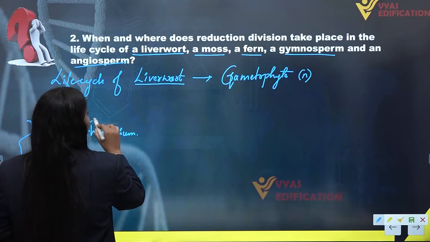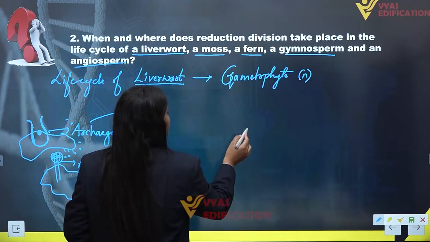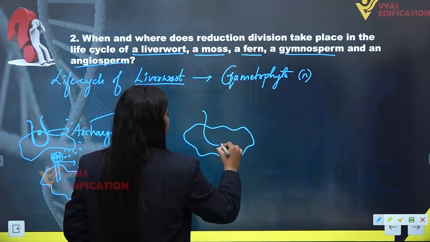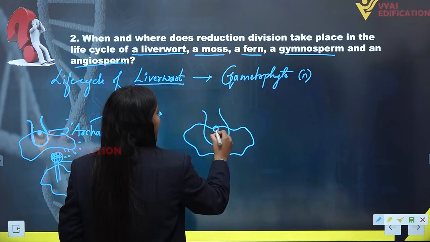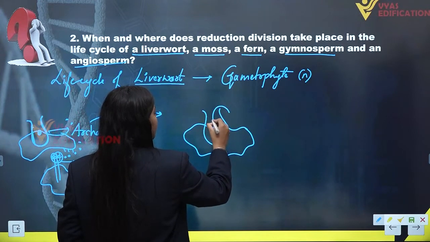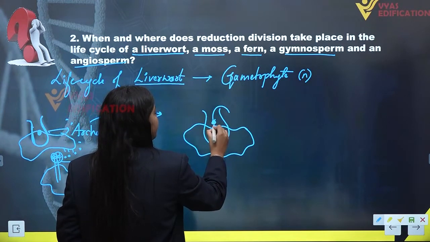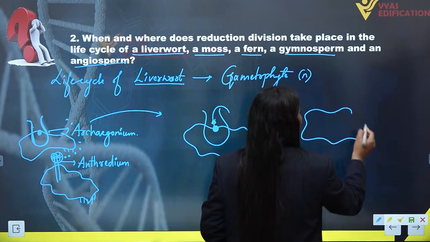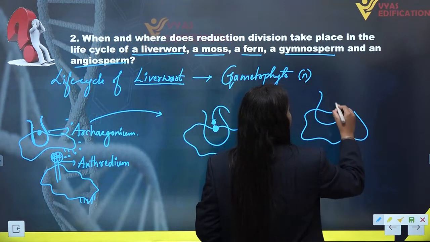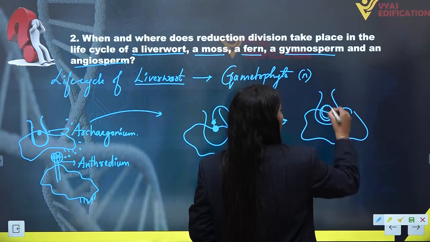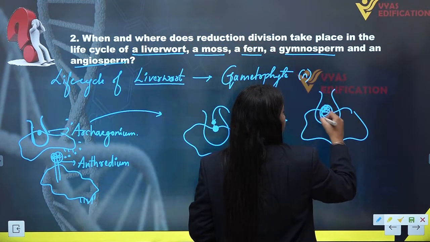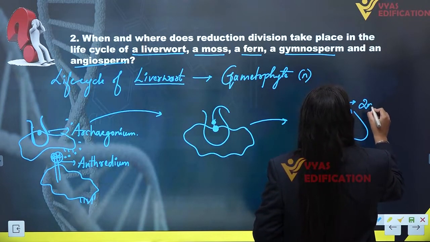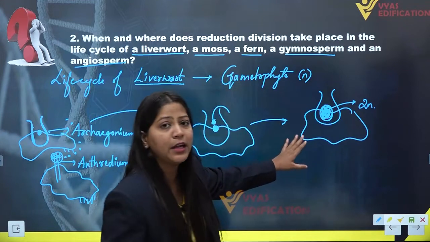Now after that, in the female gametophyte containing archegonium, the egg will get fertilized with the male gamete, which will result in the formation of a zygote over here. In archegonium only, this is a zygote, which has ploidy 2n. Now we got a 2n diploid zygote.